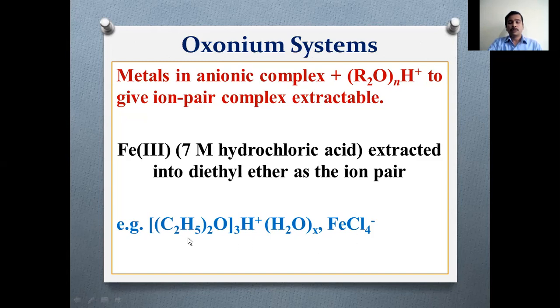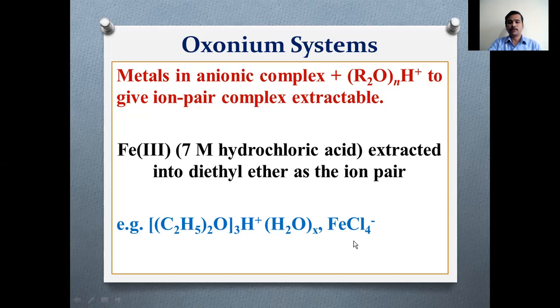So here the oxonium cation has been formed between diethyl ether and the acid, which has been solvated in water. Water will also coordinate, and tetrachloro iron 3 will be the anion, and the ion association complex is going to be formed between the oxonium cation of hydrochloric acid and diethyl ether and the anionic tetrachloro iron 3.